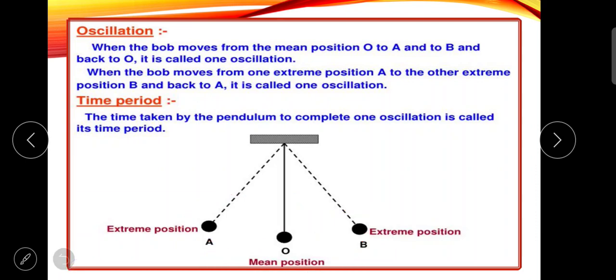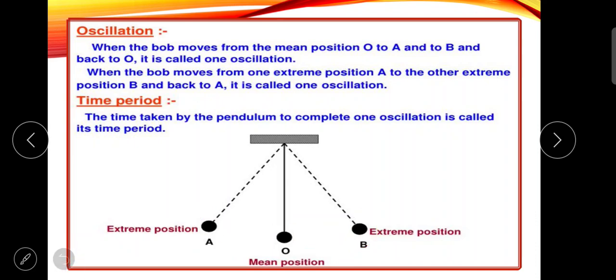Also, you can calculate the distance from one extreme position A to the other extreme position B, then from B to A. In this way also you can calculate one oscillation of a pendulum.